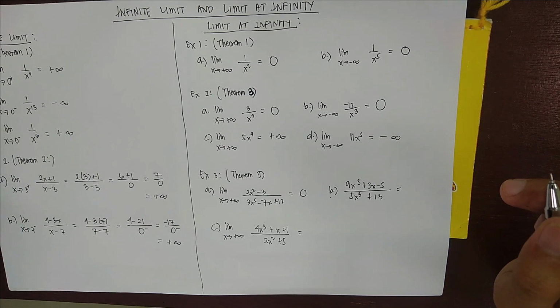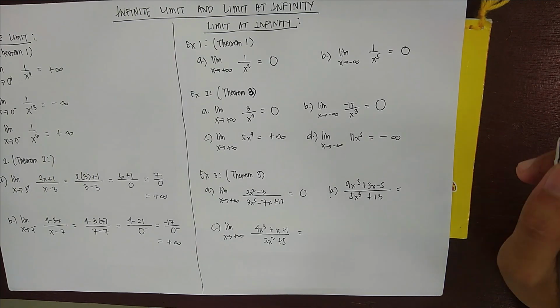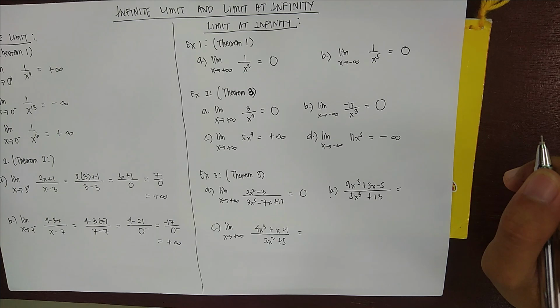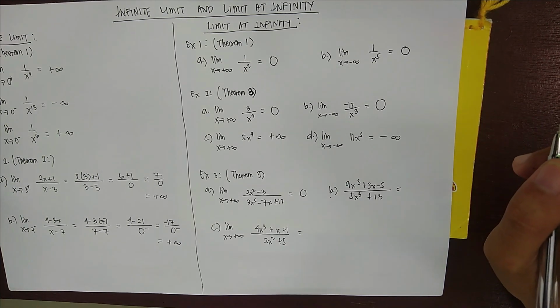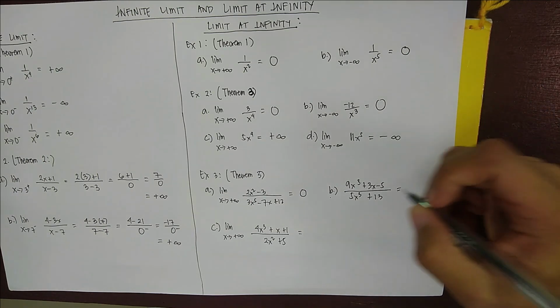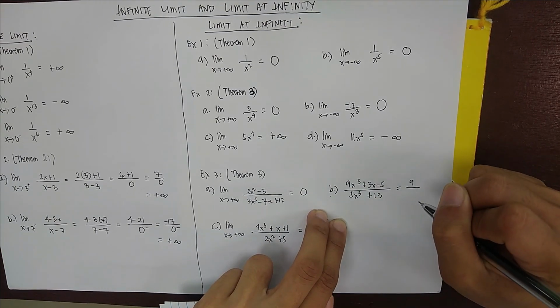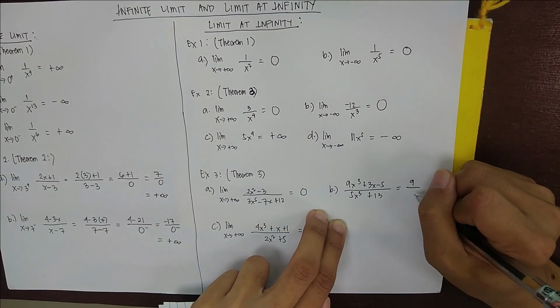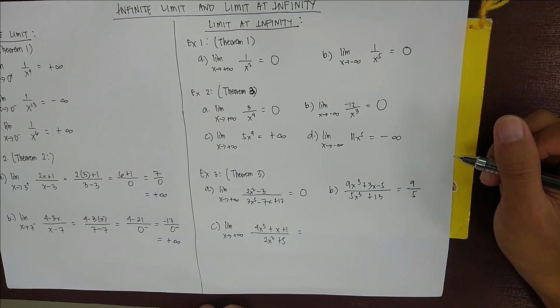If the degree of f of x is equal to the degree of g of x, then we need to write the leading coefficient of f of x and the leading coefficient of g of x. Here the leading coefficient of the numerator is 9 and of the denominator is 5. So our answer is 9 over 5.